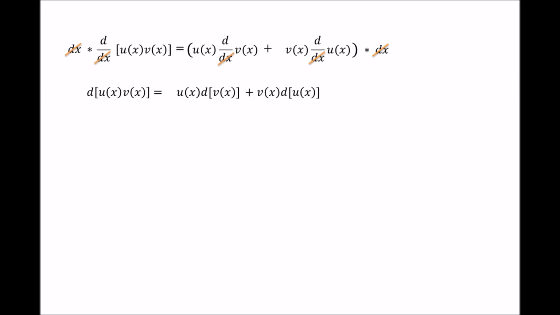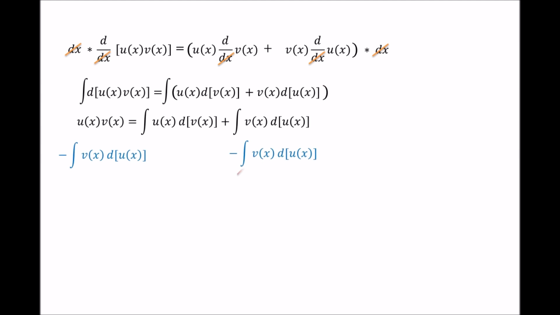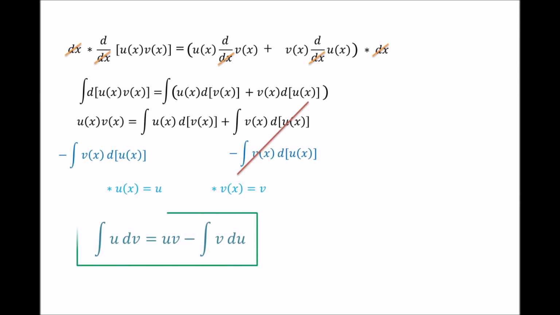Lastly, integrating both sides, we then have the product u of x times v of x equal to the integral of u of x times dv of x, plus the integral of v of x times du of x. Subtracting the integral of v of x times du of x over and simplifying the notation of u of x and v of x to just u and v respectively, we then have our following integration by parts rule that you see in all textbooks.